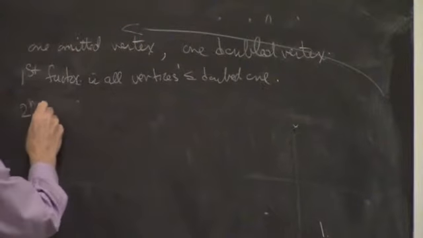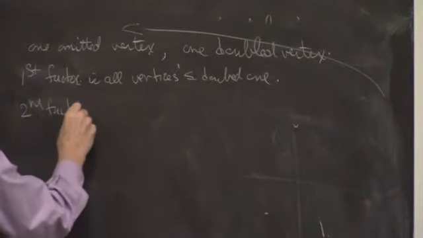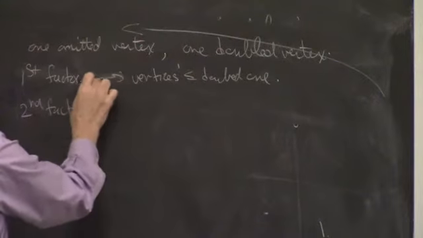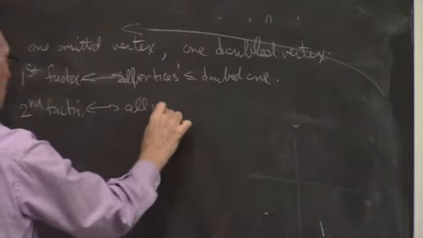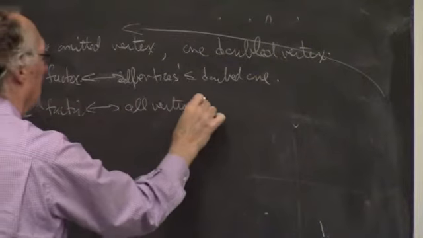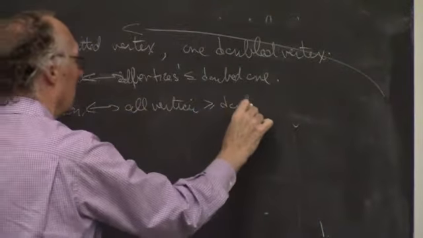And the second factor corresponds to all vertices greater than or equal to the doubled one.